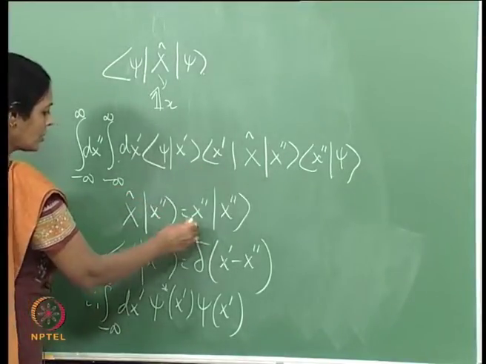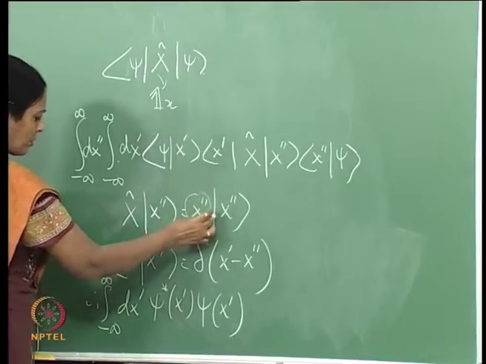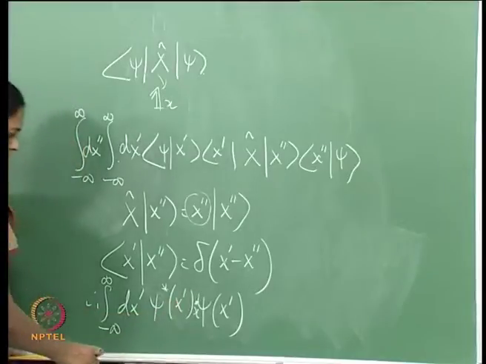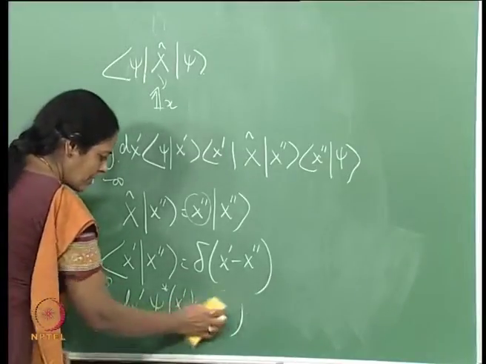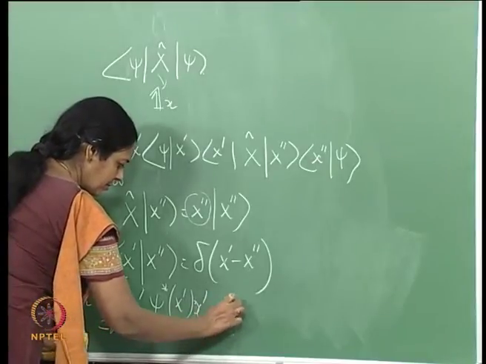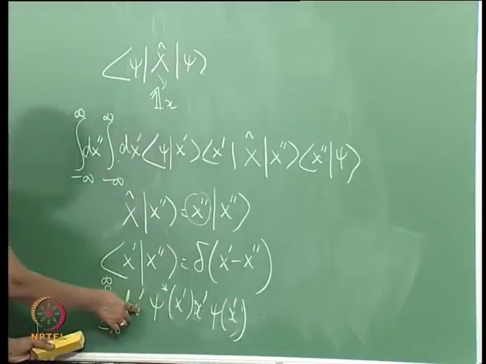There was a small matter of x double prime being the eigenvalue, and it was replaced by x prime, so I could have put it here, or I could have pulled it out and put it there.